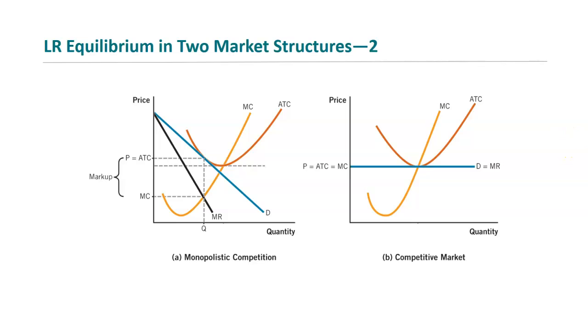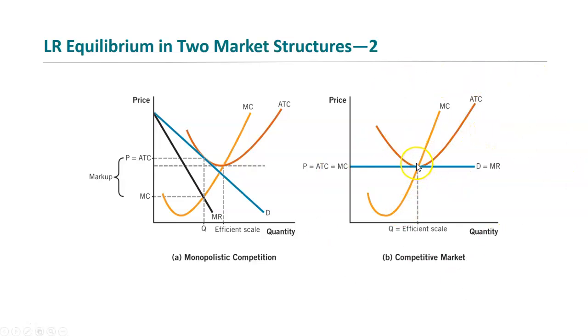And we said that efficient scale happens whenever your average cost of production is at a minimum. We said efficient scale is at the bottom of the average total cost curve, right? And anything to the left or to the right of that is inefficient. It's not the quantity that minimizes your average total cost.